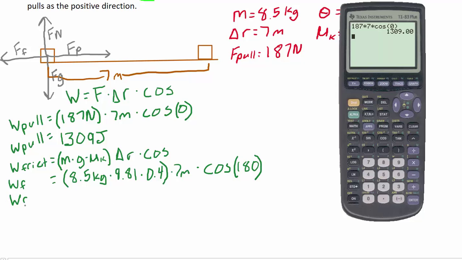The work from the friction equals 8.5 times 9.81 times 0.4.